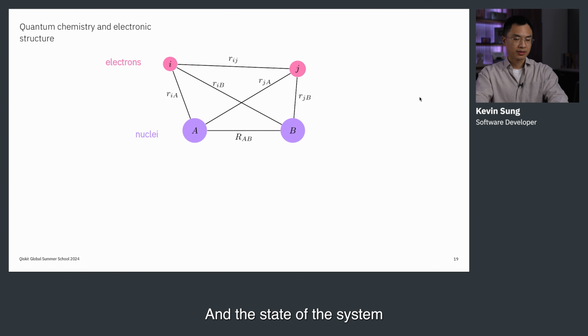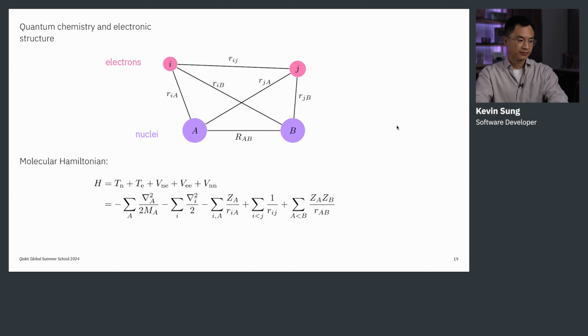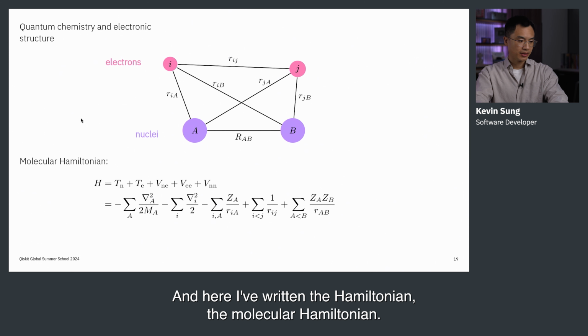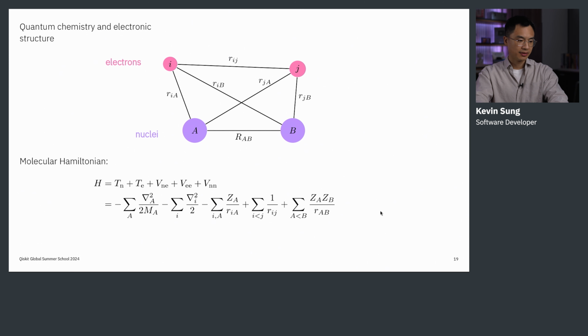And the state of the system is represented by a wave function, which is a function of the coordinates of the particles. And the energy of the system is represented by a Hamiltonian.